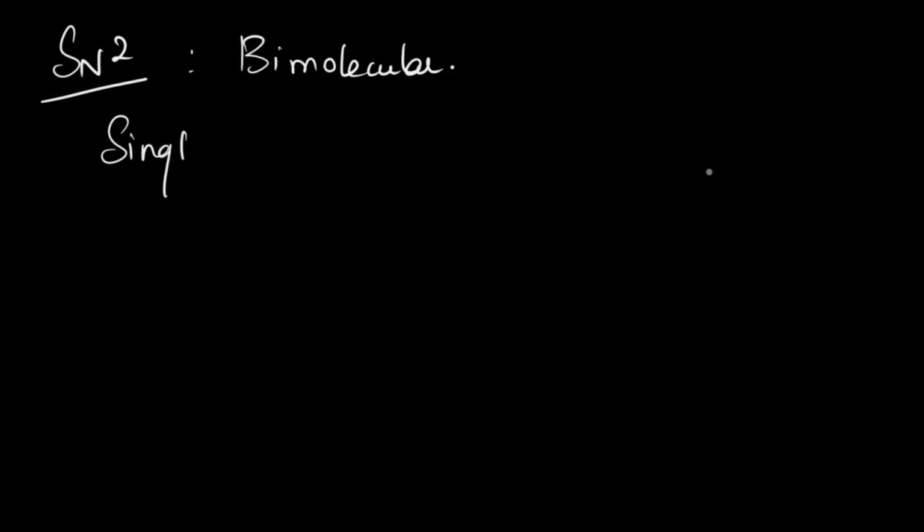If I am going to talk about SN2, you must be aware of SN1, because it is just the opposite. SN2, that is bimolecular, follows a single step mechanism. How does it give the product?